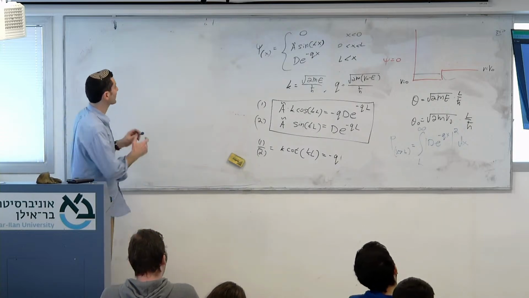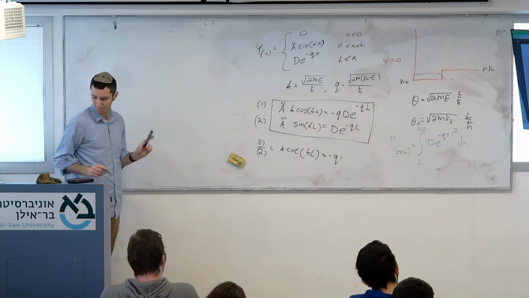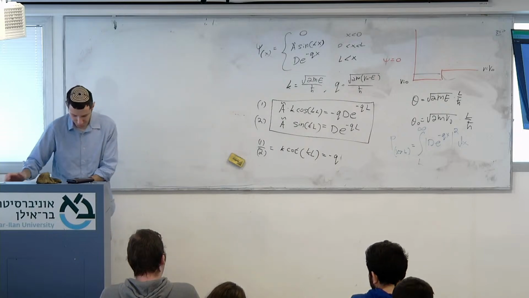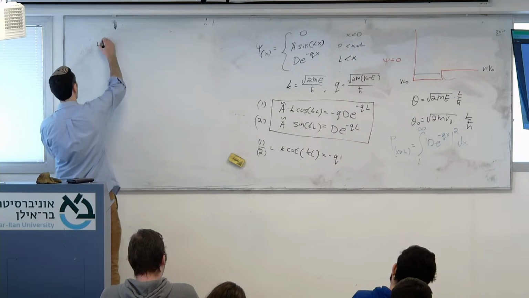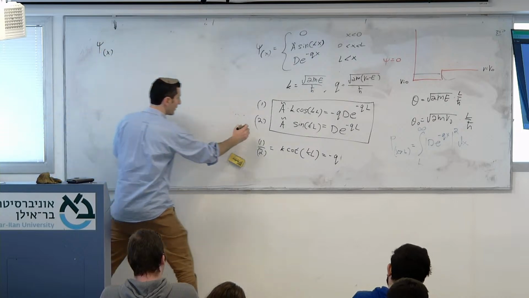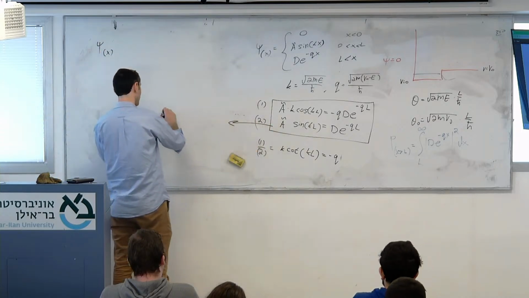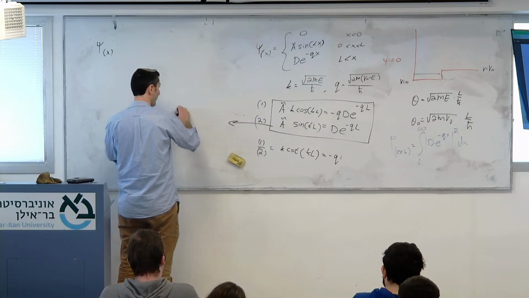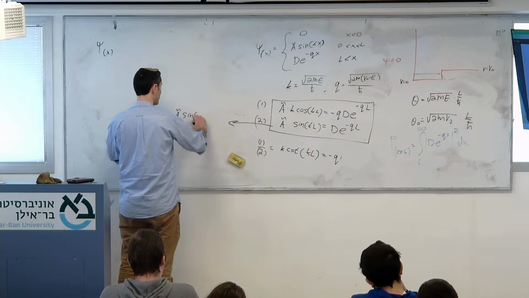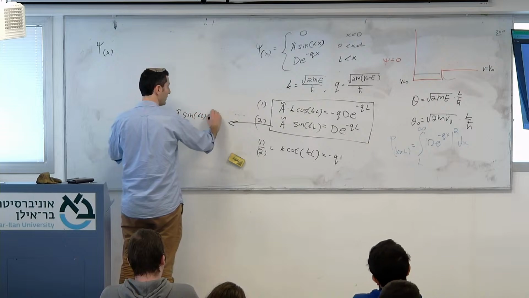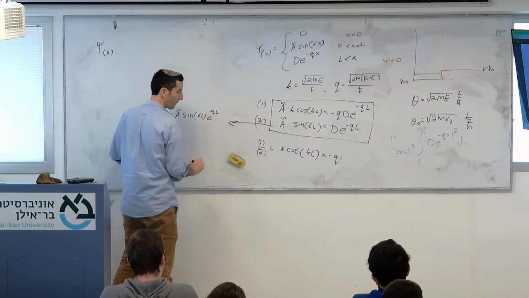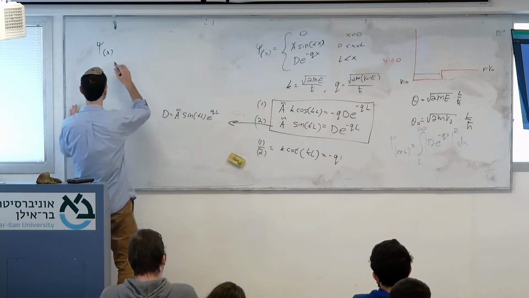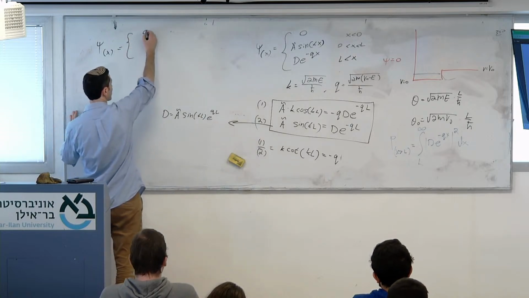So I can say that, from here, I can extract that d is equal to a tilde sine kL e to the qL, the positive qL. So psi of x is equal to 0 here.